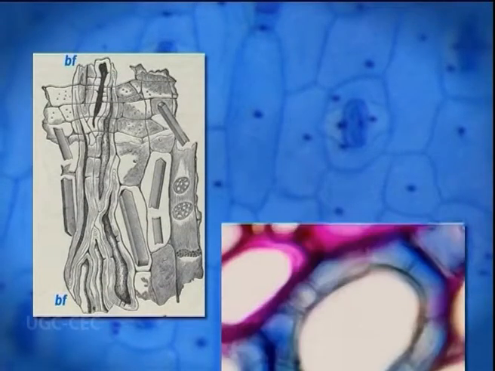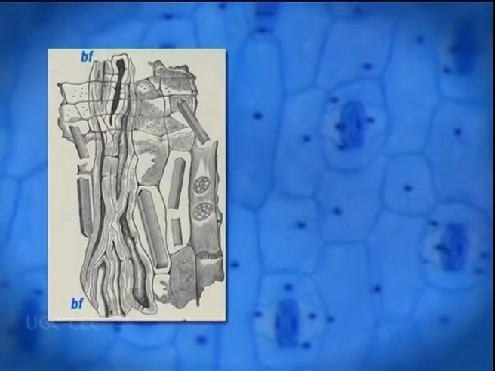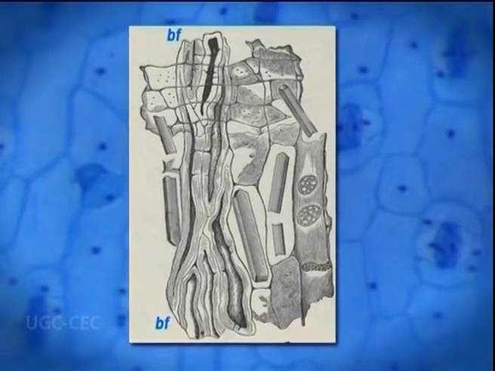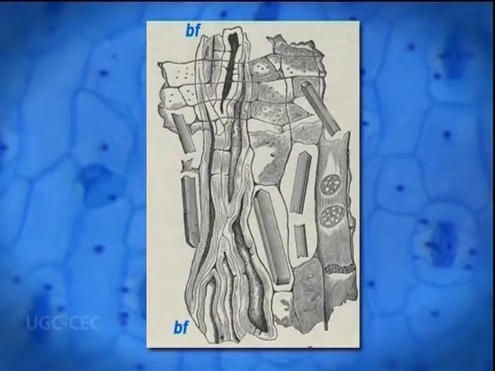Fourth component of the phloem, that is, sclerenchyma cells. The sclerenchymatous cells present in phloem are fibers and sclereids. The phloem fibers occur in both primary and secondary phloem. The walls of primary phloem fibers have both cellulose and lignified thickening.